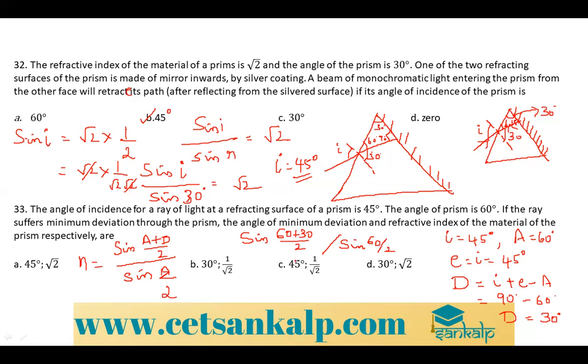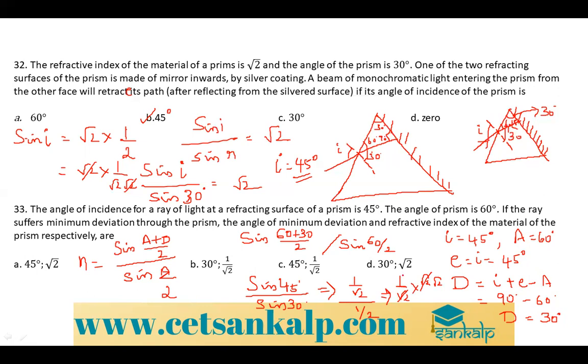So 90 by 2 means sine 45 this is, correct? So sine of 45 divided by sine 30. So this is 1 by root 2, right, 1 by root 2 divided by 1 by 2. So this becomes 1 by root 2 into 2, instead of 2 I write root 2 into root 2. So the answer is root 2.